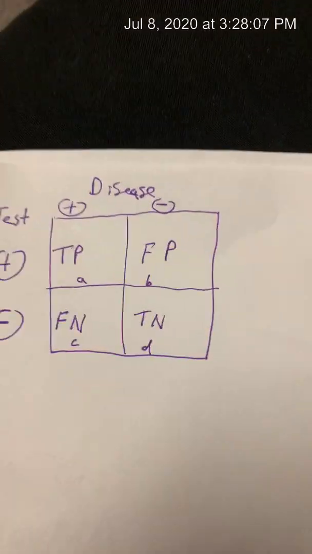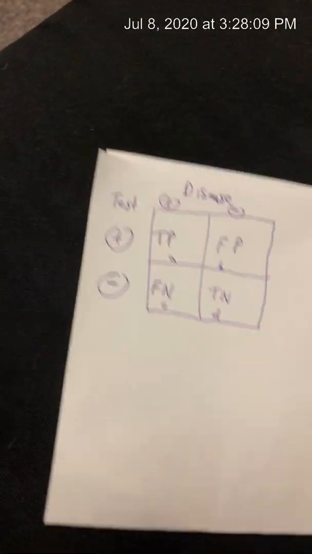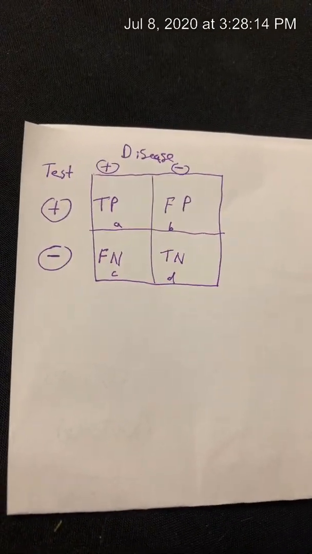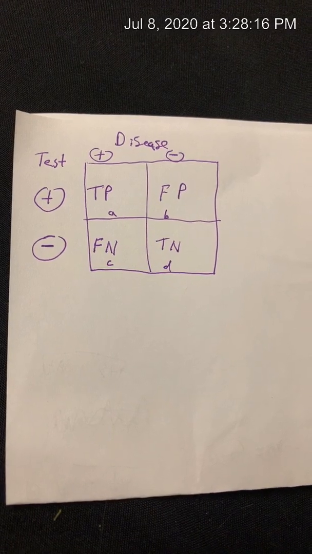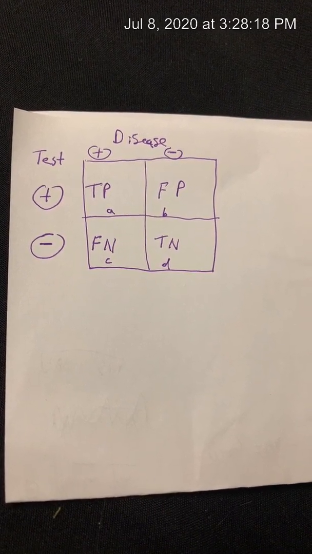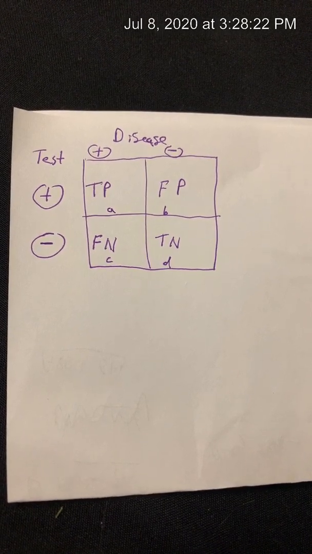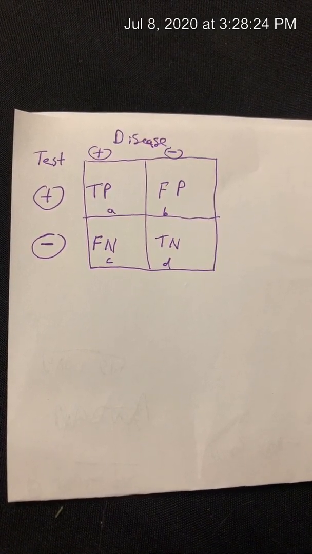So I have horrible handwriting, but I want to show you some things I wrote down since I'm not real tech savvy here. This is the first thing I wrote down, and this is important to go over before talking about sensitivity and specificity. In any given test, you can write it out in just a square here, and you put the disease on the x-axis, and the test on the y-axis.